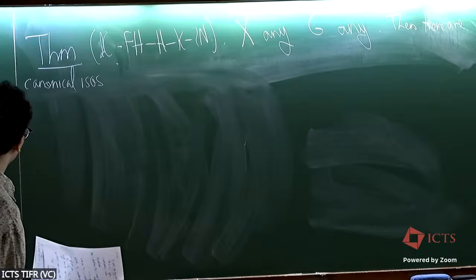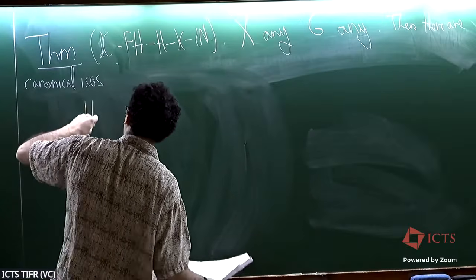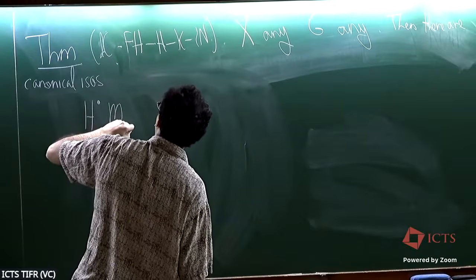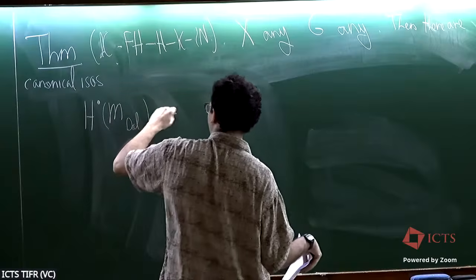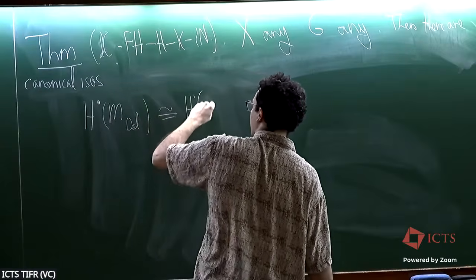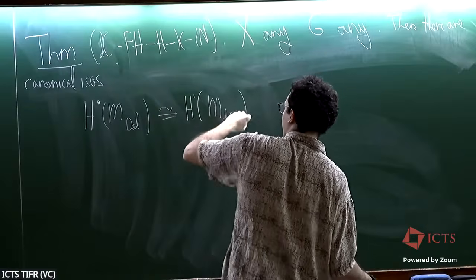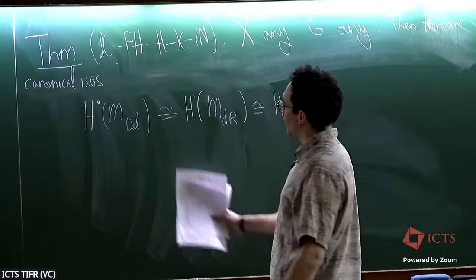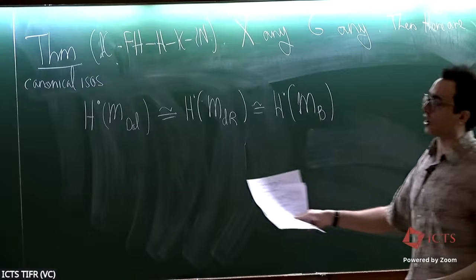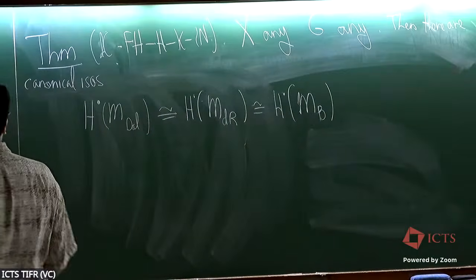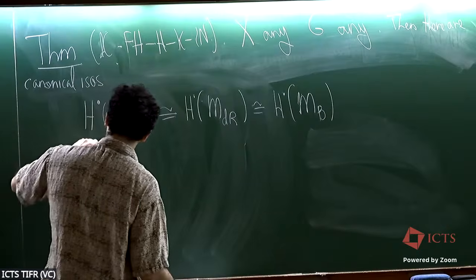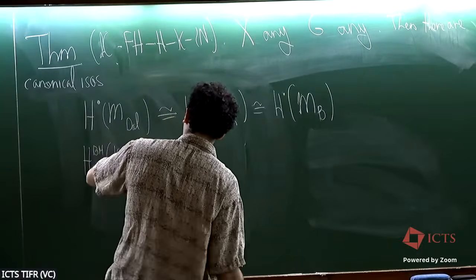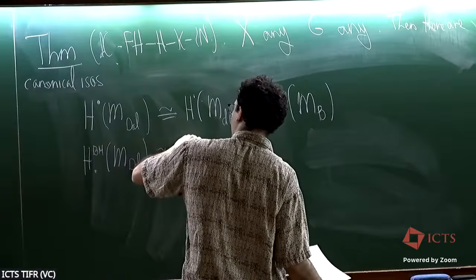So first we can consider the cohomology of these stacks, and they are canonically isomorphic, all of them. But this is usual cohomology. Davison and company were doing Borel-Moore homology, but we can also do Borel-Moore homology. So also the Borel-Moore homology of these stacks are canonically isomorphic.